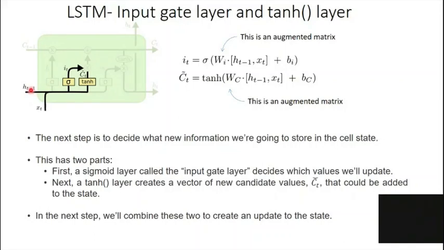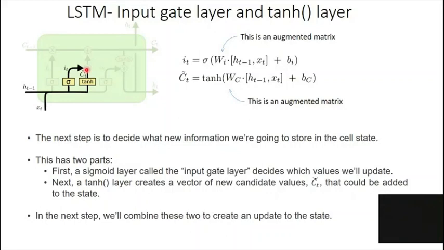So you have h of t minus 1, x of t, and then both pass through an activation function. You have another set of inputs which take it through a tanh activation function. Both of them go into the input gate.